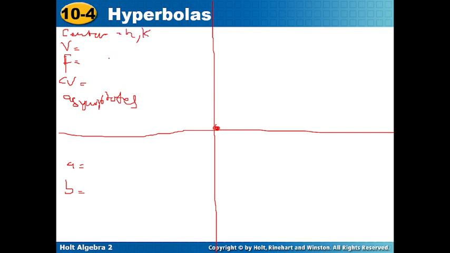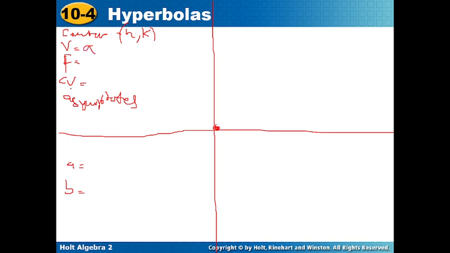Alright, so if in your equation you found H and K, of course, you have the values of the center, which is not located at the origin. So for the vertex, as we know, it has the values of A, right?